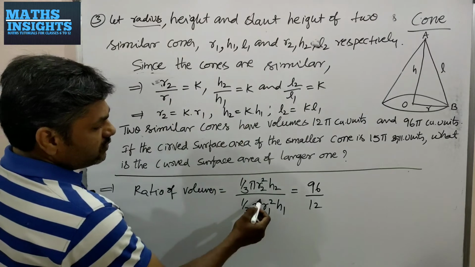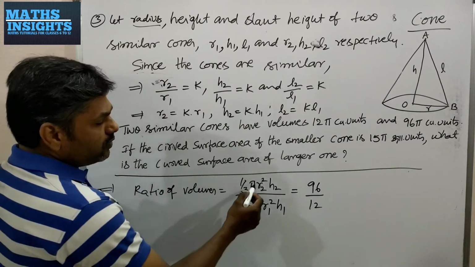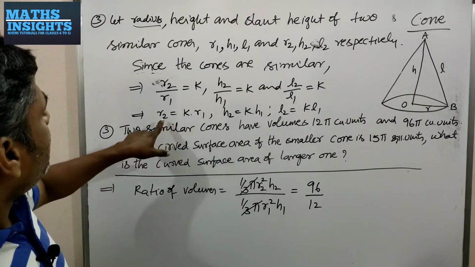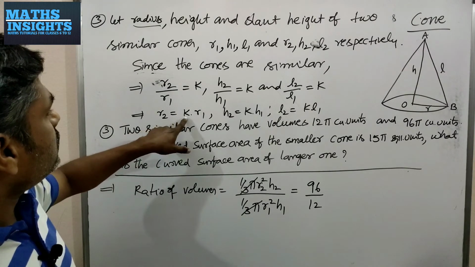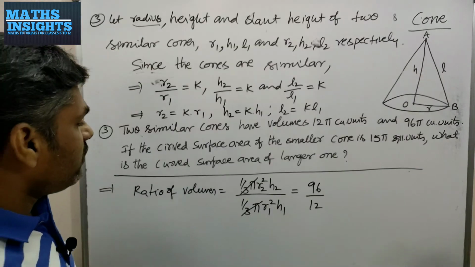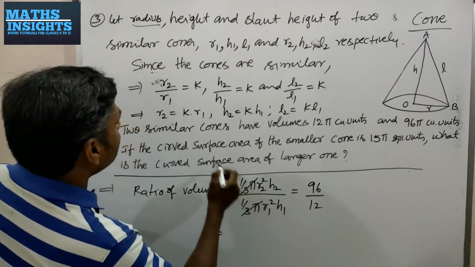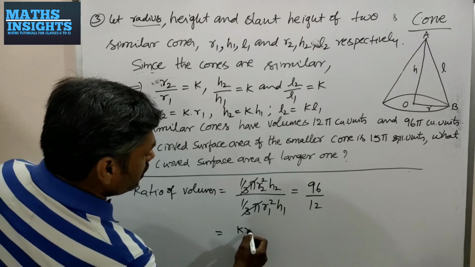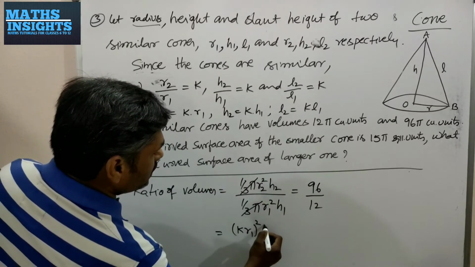In this case 1 by 3 pi, 1 by 3 pi, you may cancel, and for r2, what is r2? k into r1. I will substitute these values. See, r2 square means, r2 means k into r1 whole square.